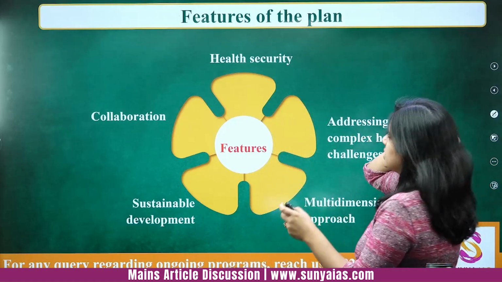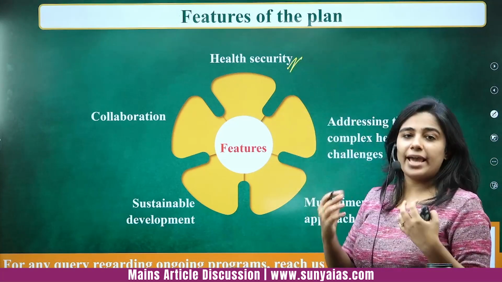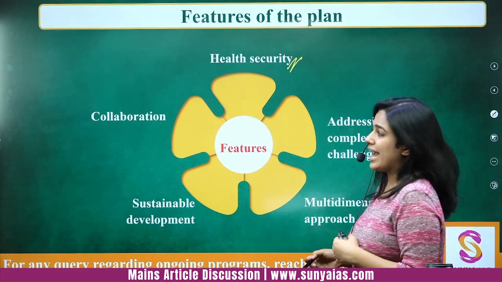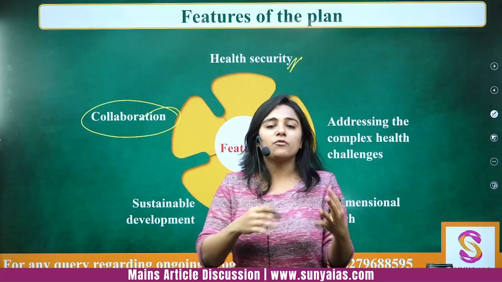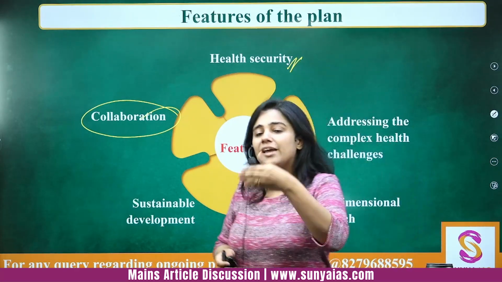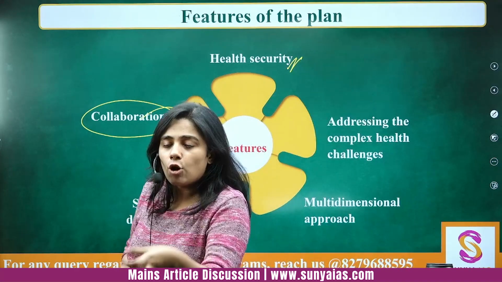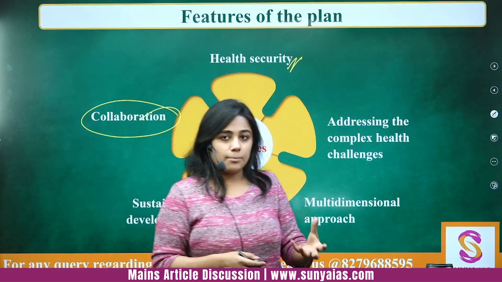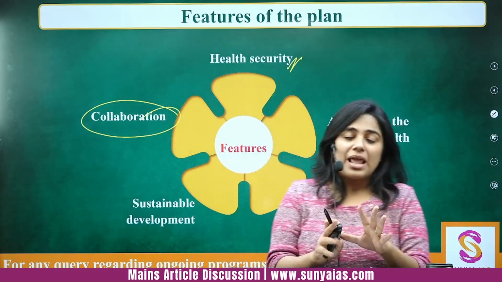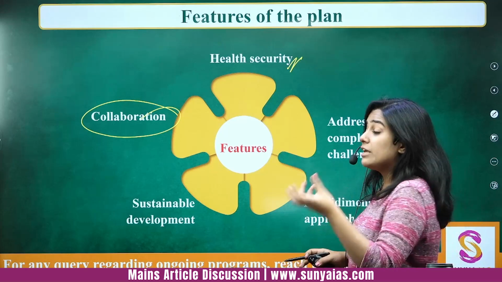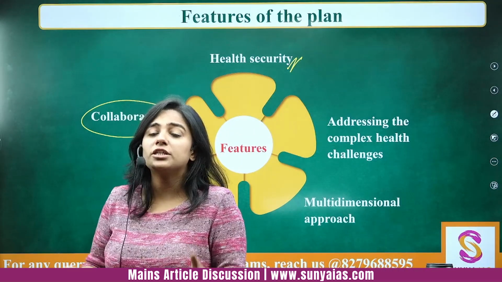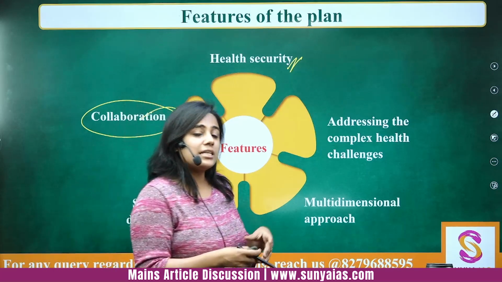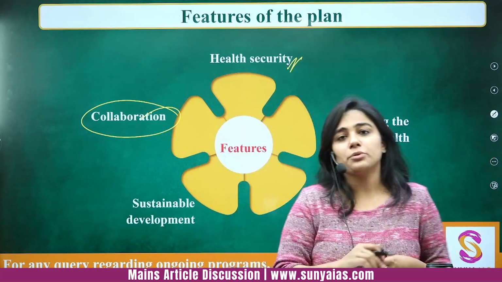Okay, so there is maintenance of health security of both humans and animals. There is collaboration of all kinds of professionals. So doctors and veterinarians will not be functioning in silos, but they will be functioning together. Livestock specialists, livestock farmers, they will not be functioning in silos, they will be functioning together so that they can solve the problems that are emerging together.